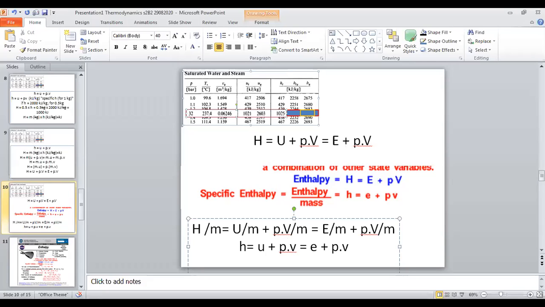So you can see h equals small e plus Pv. That is specific enthalpy.